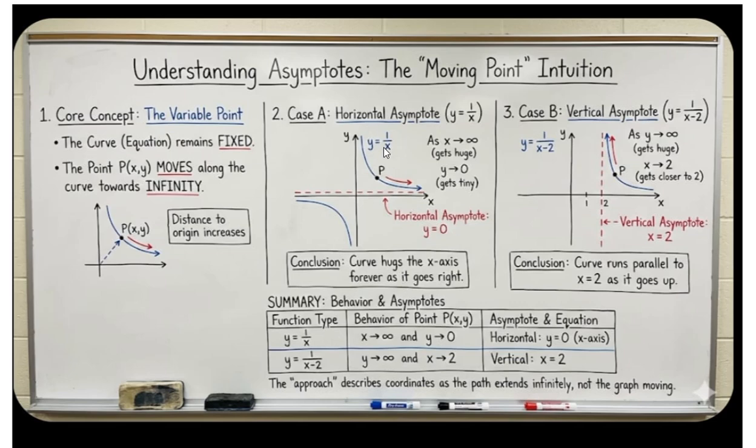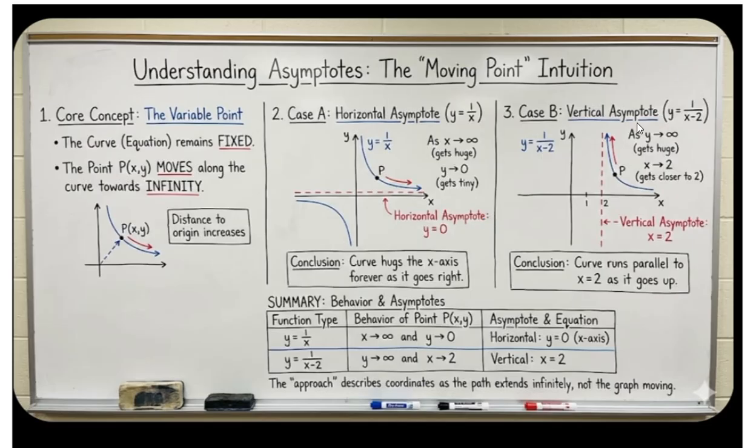In the reverse way, if y approaches infinity, then x approaches 0, but never crosses 0. That is why this is a vertical asymptote and that is a horizontal asymptote.